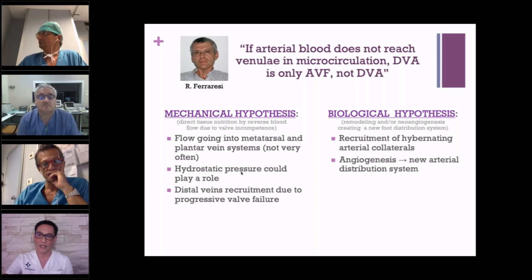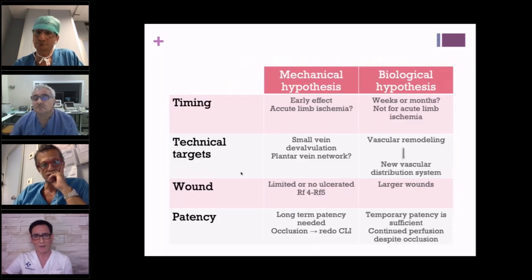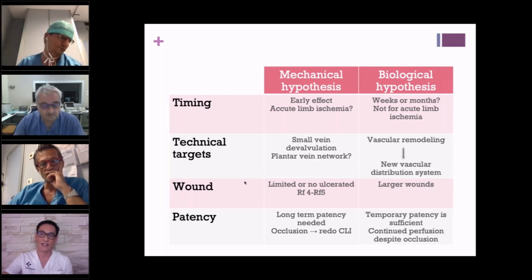And the biological effect is the remodeling of the neoangiogenesis that creates a new distribution system. And there are several differences between both effects. For instance, the mechanical effect has an early effect, whilst the biological hypothesis needs weeks or months to generate this new vascular distribution system.